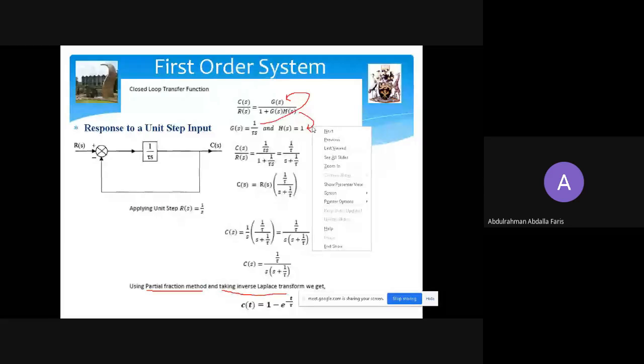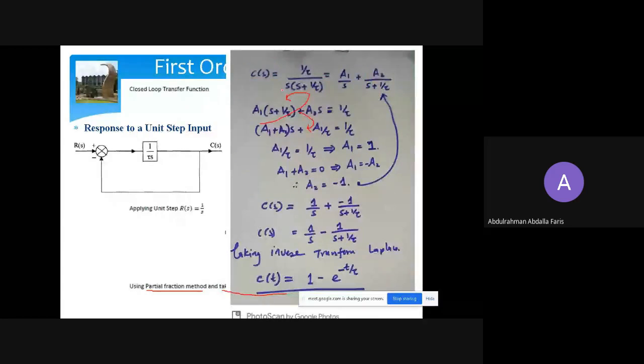Okay, you can just ignore these lines for the next picture. So what you have is C(s). Again, this is engineering maths, I think third year, when you are doing Laplace.